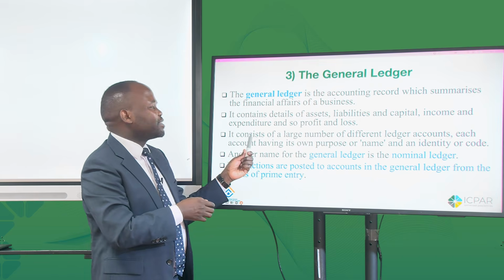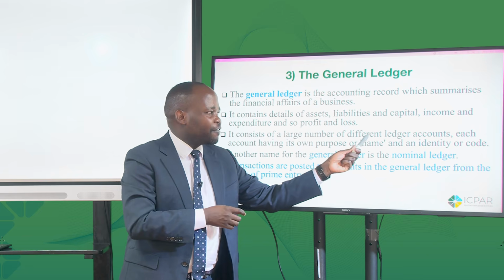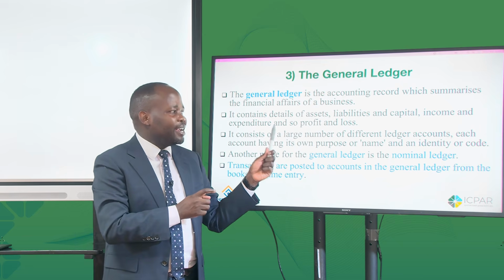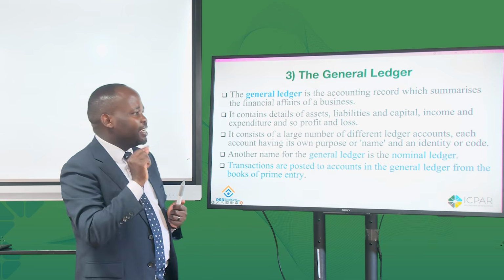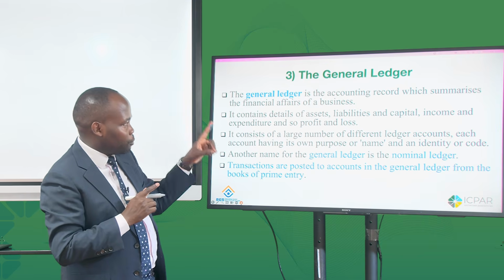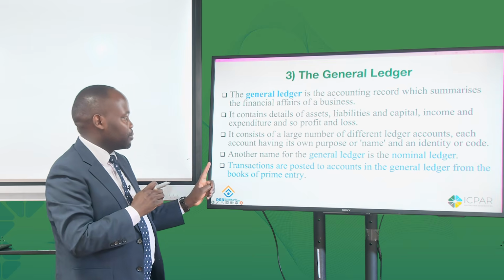Now, it consists of a large number of different ledger accounts, each account having its own purpose, name, and an identity or code. We will focus on codes as the last subtopic in this unit number 3.